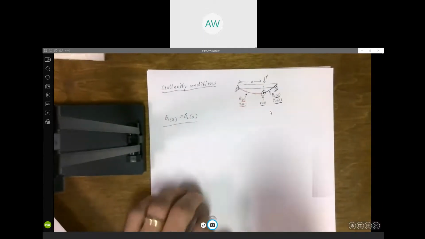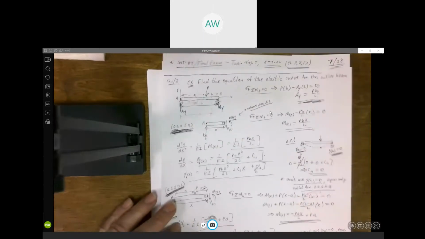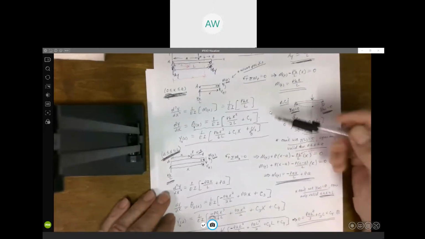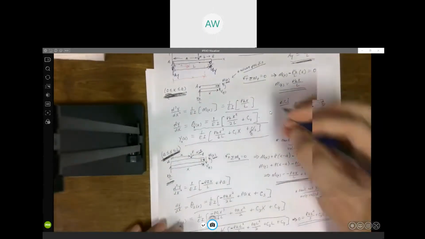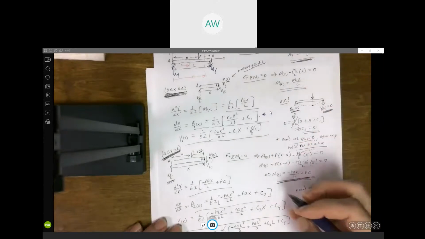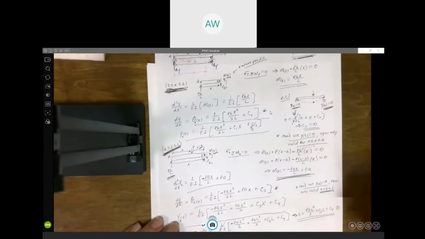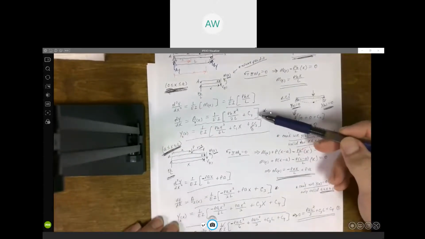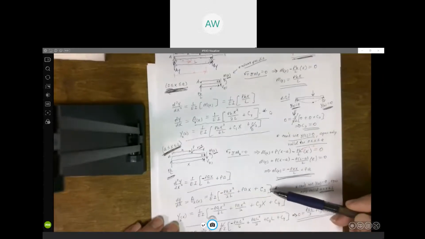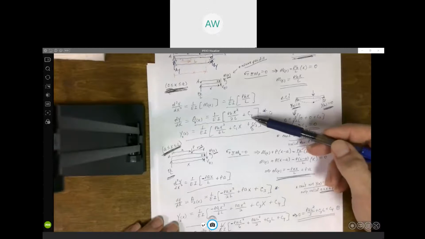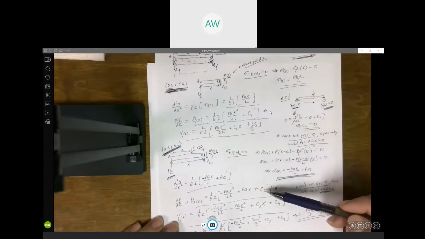Looking back at this previous sheet, we're going to take this equation, the equation for theta 1, and this equation, the equation for theta 2. We're going to plug x equals a into this one and set it equal to this one when we plug x equals a into it.